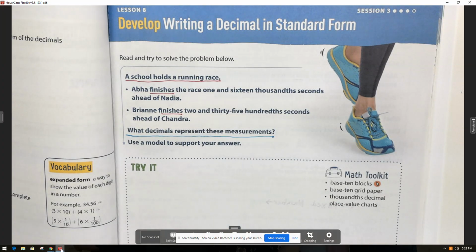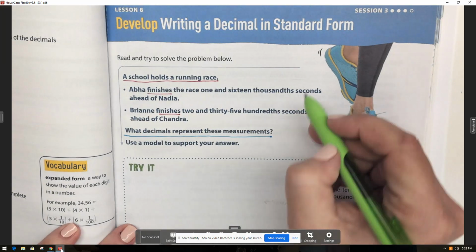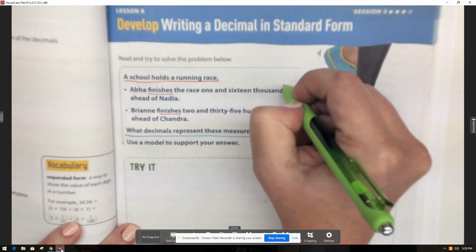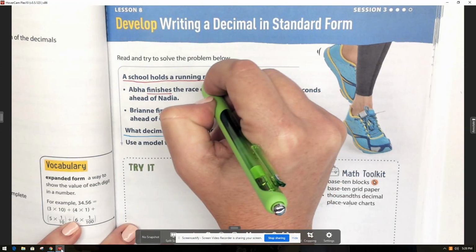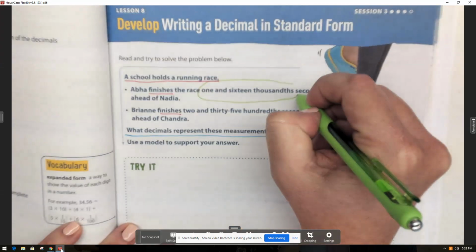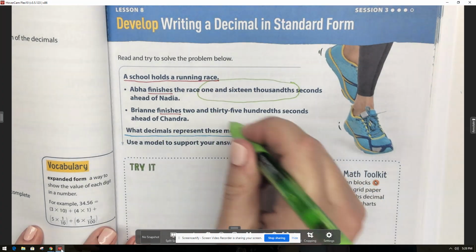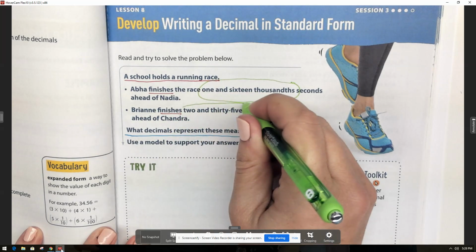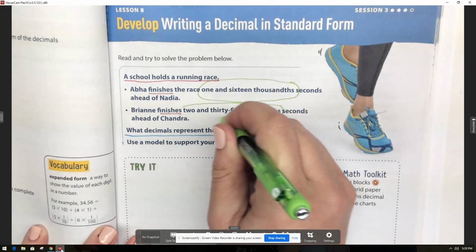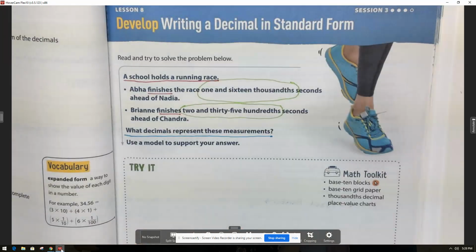And then finally, we need to know what is the important information from this question. So the first important information is that the first runner finishes 1 and 16 thousandths seconds ahead of Nadia, and the second runner, or Brianne, I should say, finishes 2 and 35 hundredths seconds ahead of Chandra.